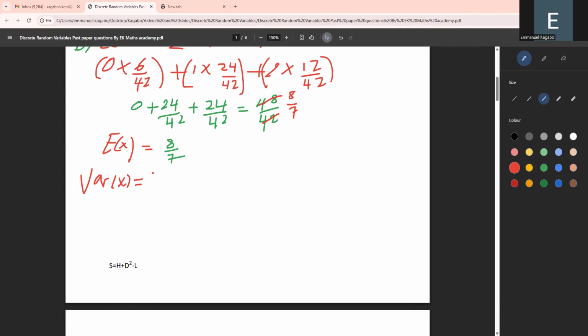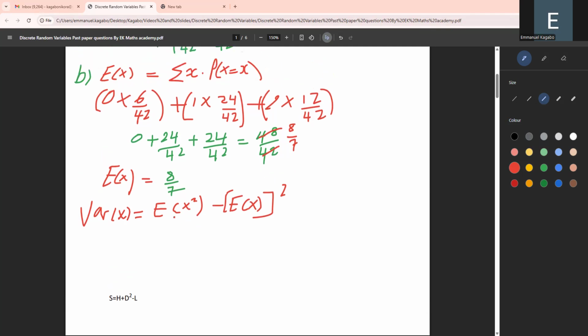So now, variance is given by, you can also check this in the formula booklet, okay, the sum of x squared times the probability, minus the mean or expected value squared. Okay, this should be squared. This is the expected value. This is the one I've got. This one, 8/7, that is the expected value. So all I need is to get this. So now, how do we get that?